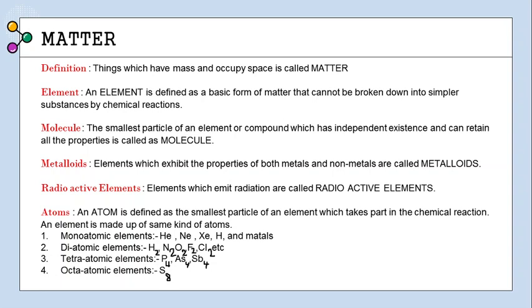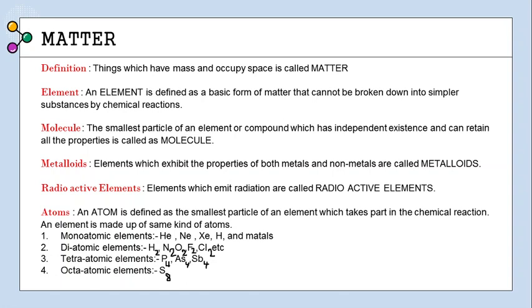These are all elements, the basic form of matter, which cannot be broken down into simple substances by chemical reactions. Like hydrogen cannot be broken down into simple substances by chemical reactions, of course. Those are the examples of elements.